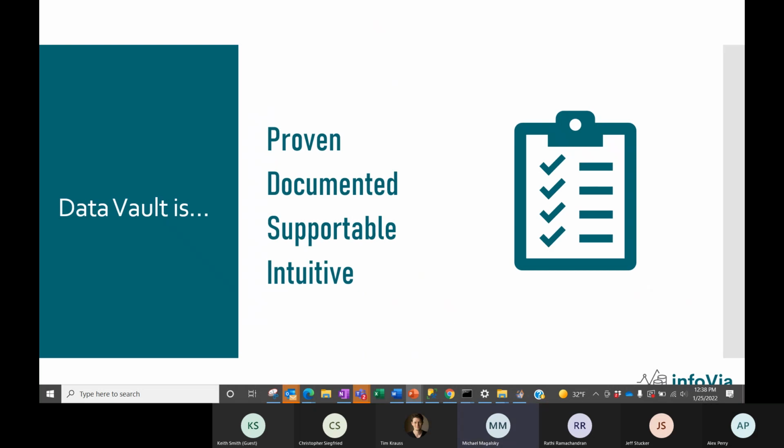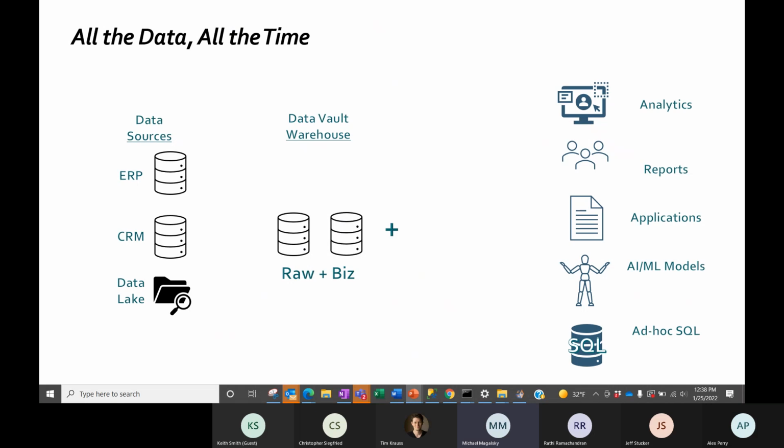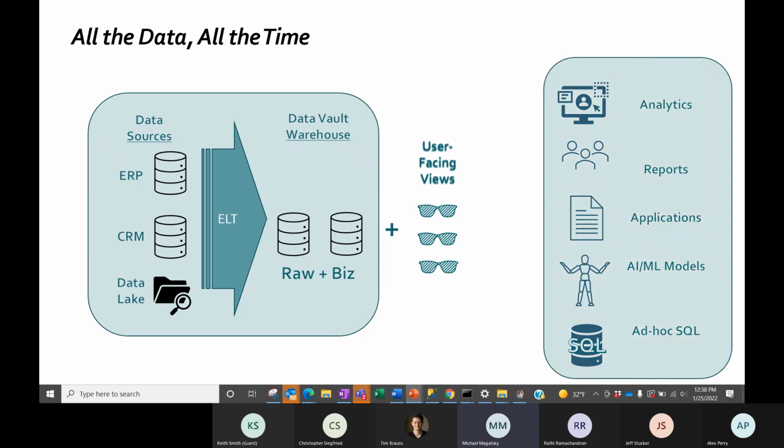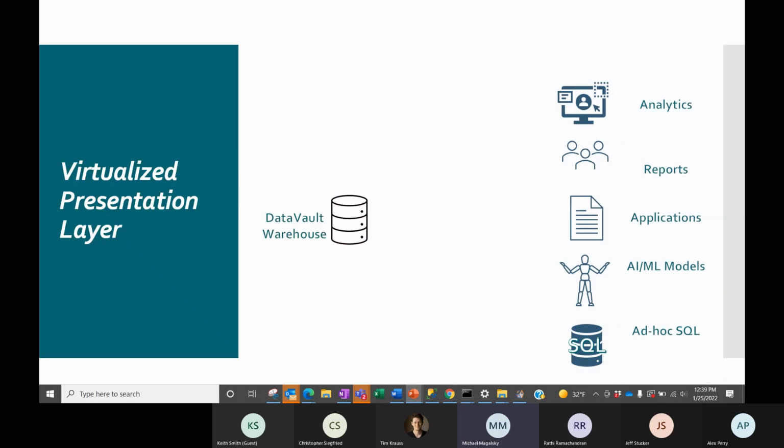Okay, moving on, Data Vault. Data Vault is also proven, documented, supportable, and intuitive. We talked about capturing all the data all the time in a previous slide. It is proven that this approach creates a data platform that's more user-friendly and more consumable by the end users.